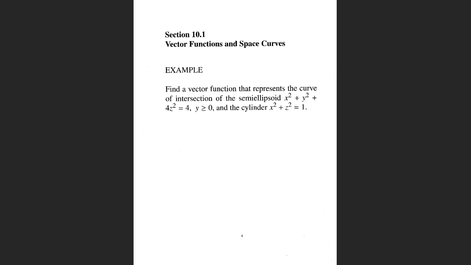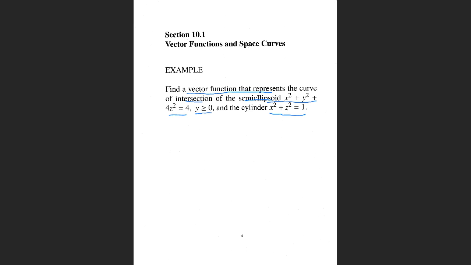Okay, so here we want to find a vector function that represents the curve of intersection of this semi-ellipsoid. It's a semi-ellipsoid because y is required to be greater than or equal to 0. And then there's this cylinder.